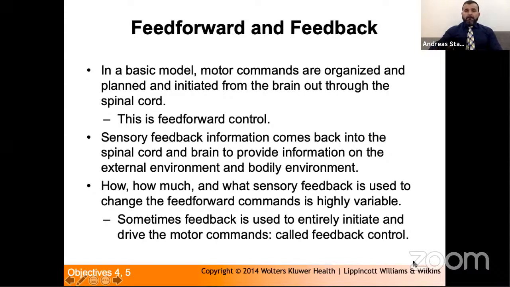Okay. Now, as you can see, that's very important. How much sensory feedback is used to change the motor commands is highly variable, and that's one way to answer why we have inhibitory potentials. Because something happened in between us sending an AP to excite the muscle fiber, initiate movement, and from actually initiating, and then we'll make adjustments.